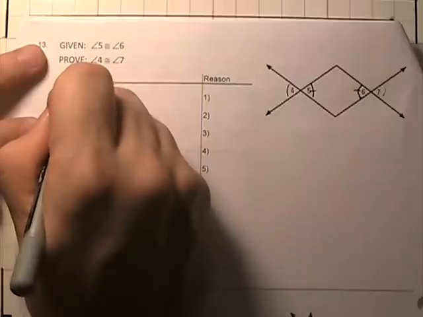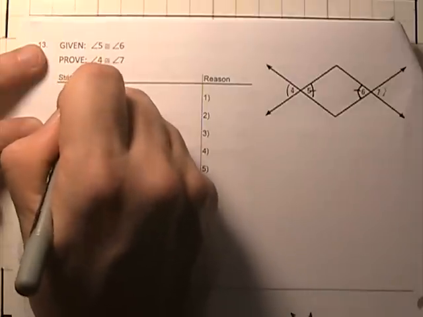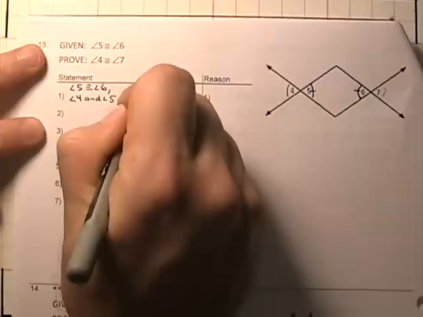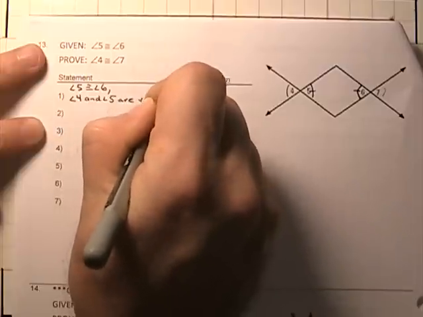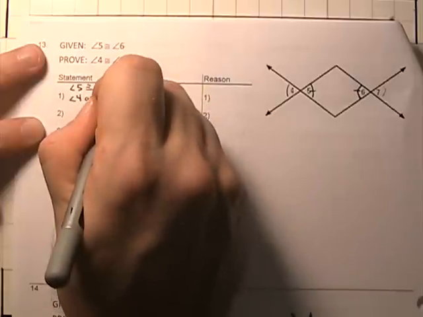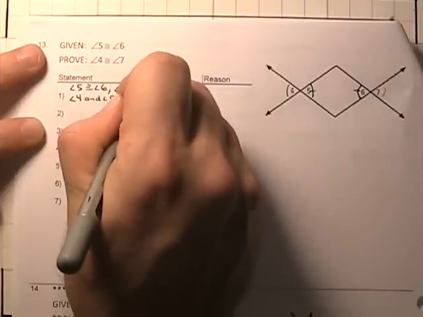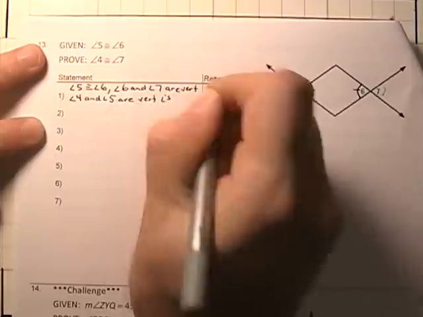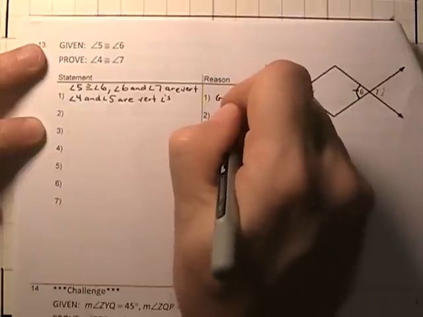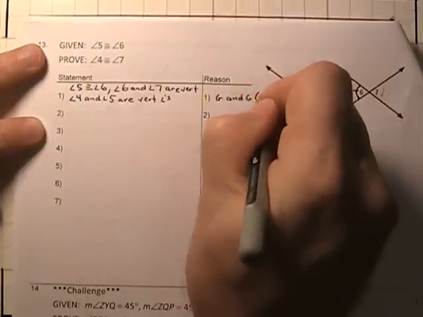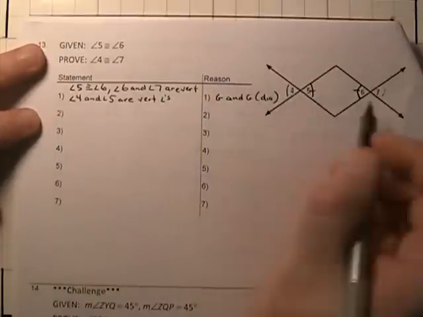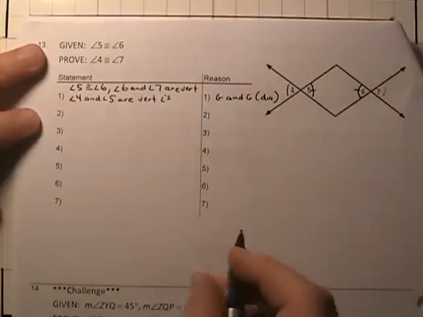I can also say that angle 4 and angle 5 are vertical angles, and angle 6 and angle 7 are vertical angles, and that's given in the diagram. So you can see from the diagram that 4 and 5 are vertical and 6 and 7 are vertical.